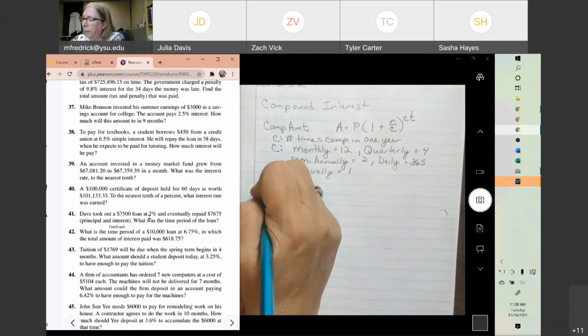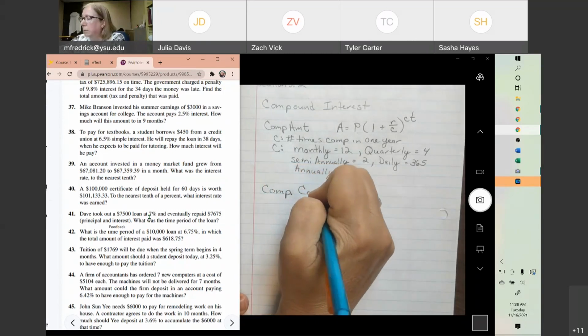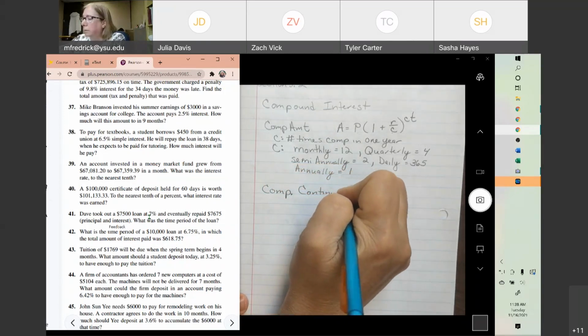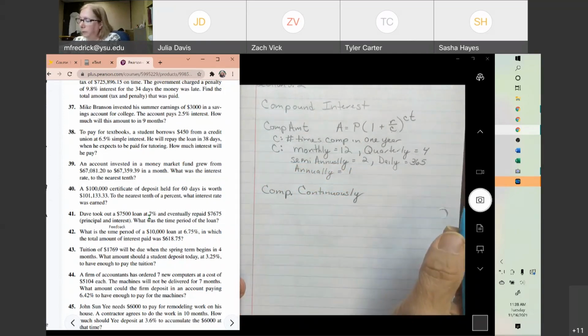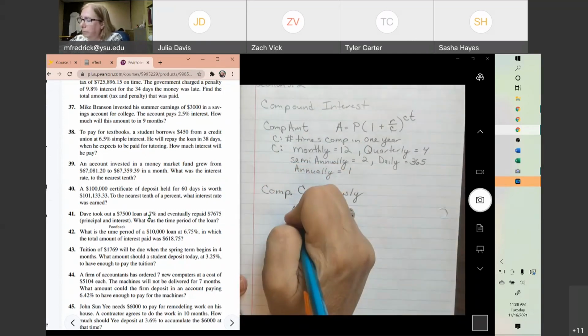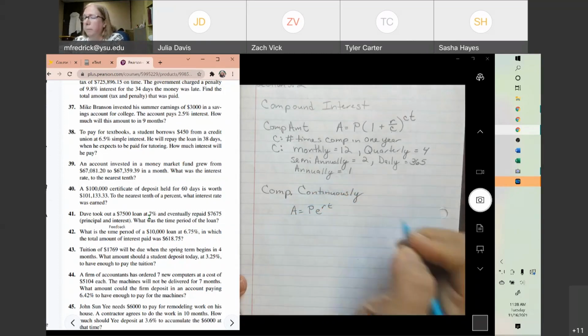The other type of compounding is compounded continuously. When we're compounding continuously, it's A equals P E to the RT.